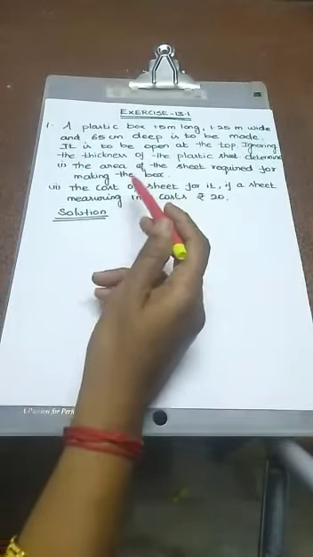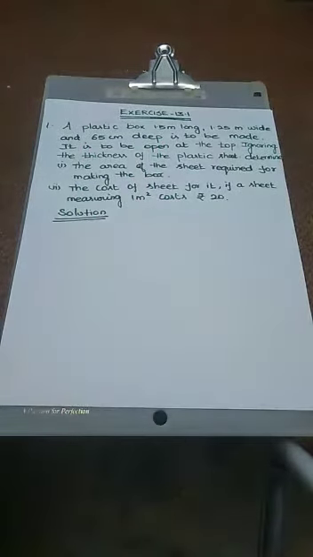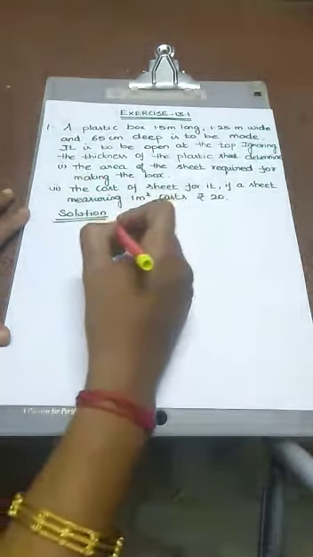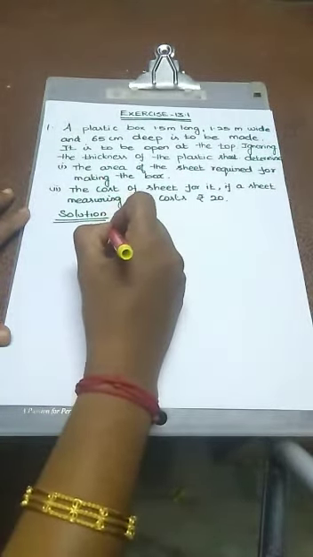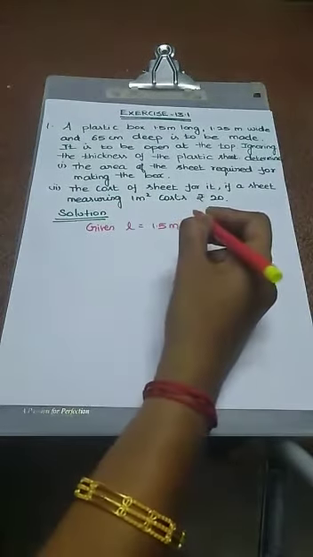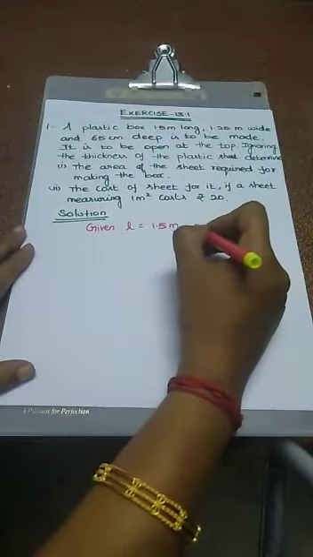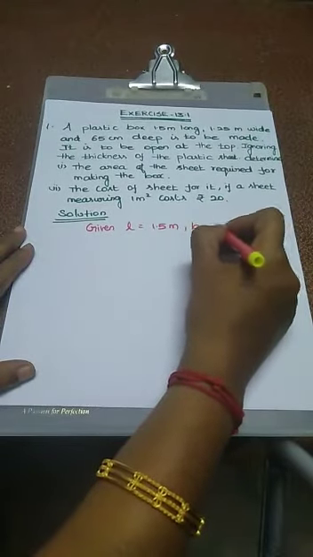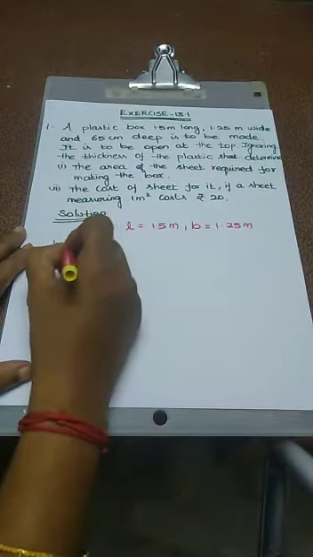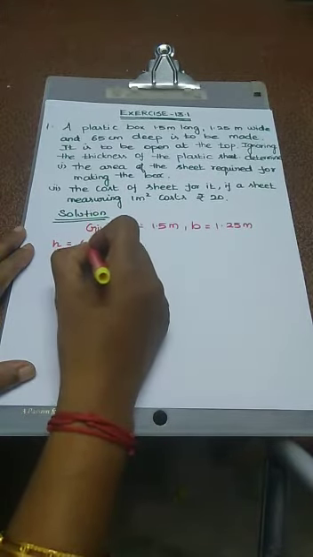Actually, what is the surface area formula? 2(L + B)H. Now we have to take the length value, breadth value and height value. Easily we can calculate the surface area. First write the given. L equals 1.5 meter, breadth equals 1.25 meter, and height is given as 65 centimeter.